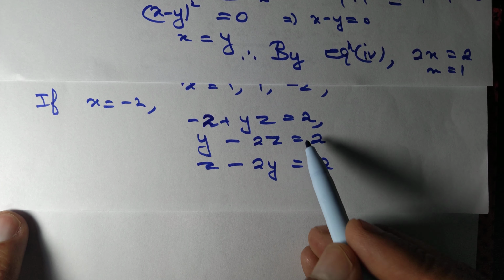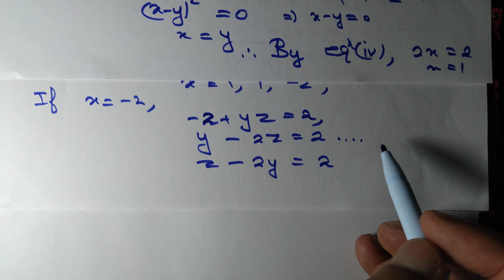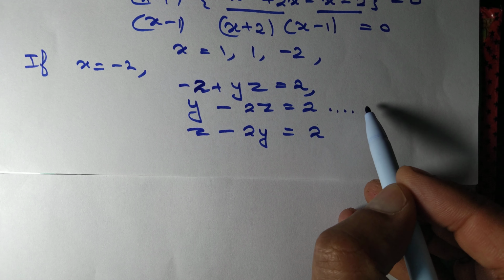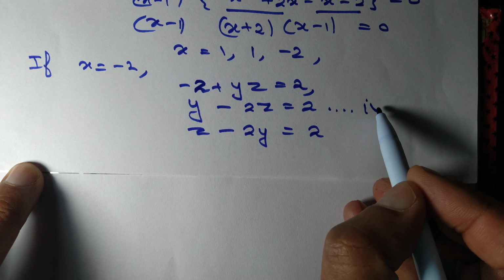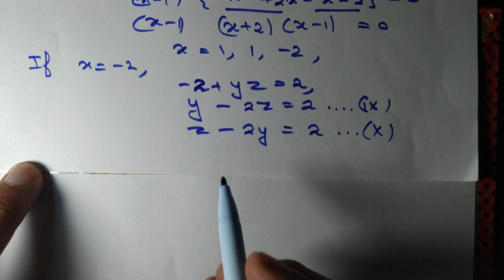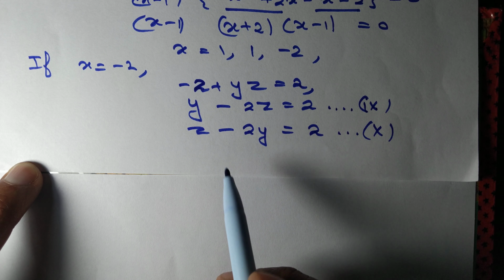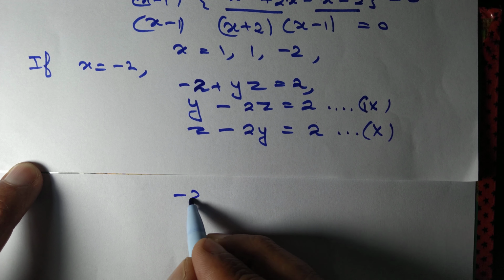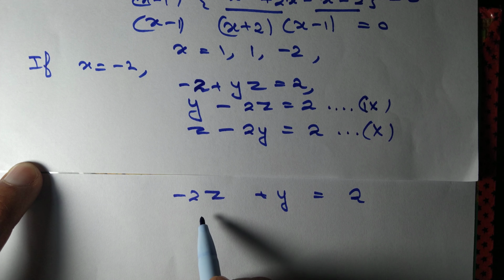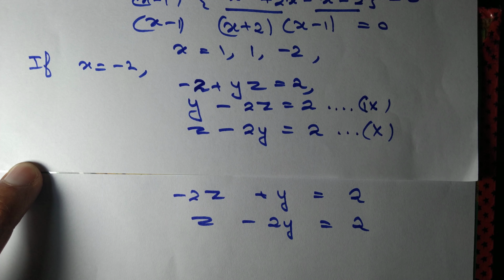It will be easier to solve these two equations. Let's write this as equation 9: minus 2z plus y equal to 2, and this one is equation 10: z minus 2y equal to 2.